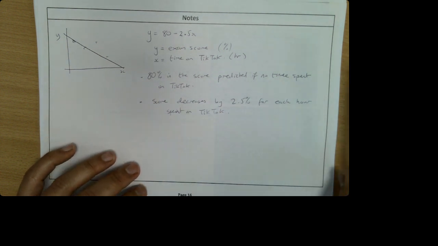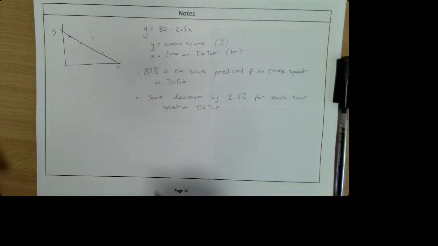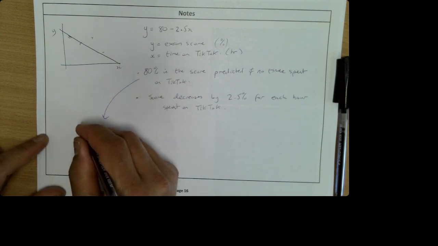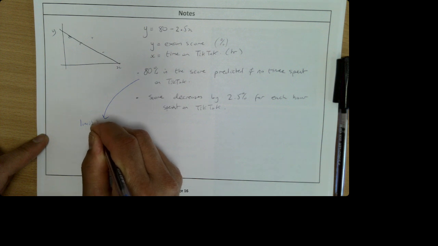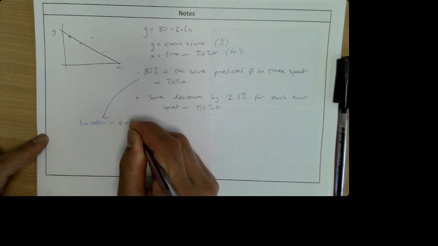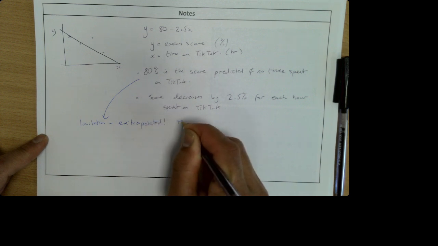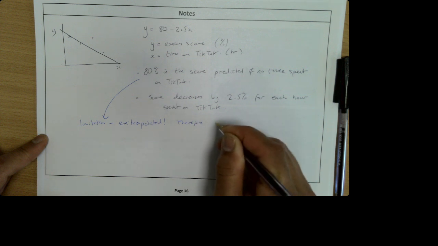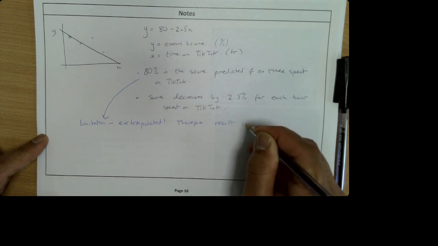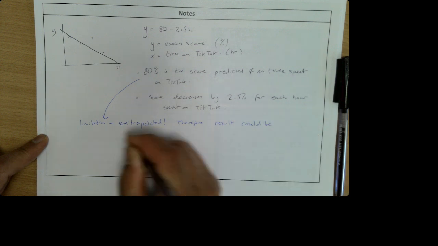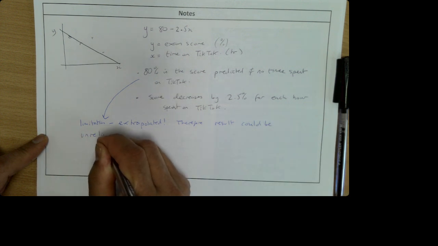Now the other thing I'll mention is the issue with this, the potential limitation we should say, is that we have extrapolated. And therefore the result could be unreliable. Okay?